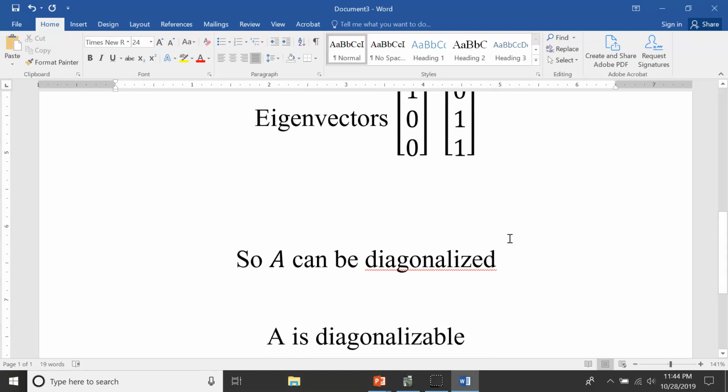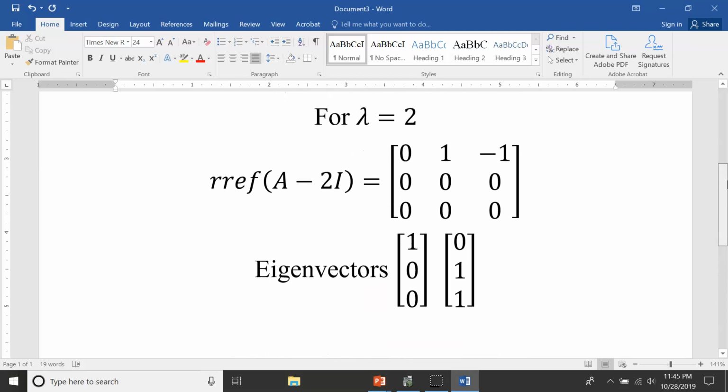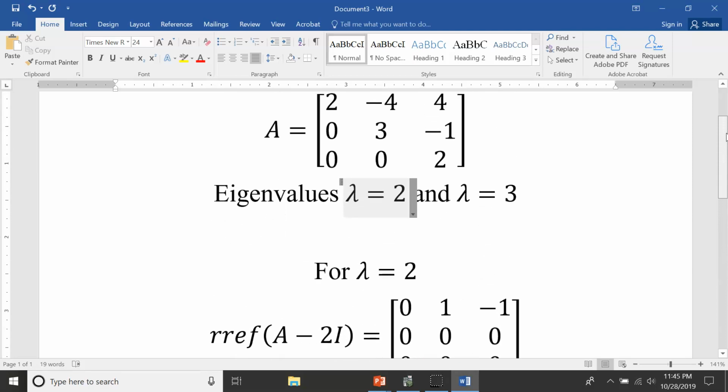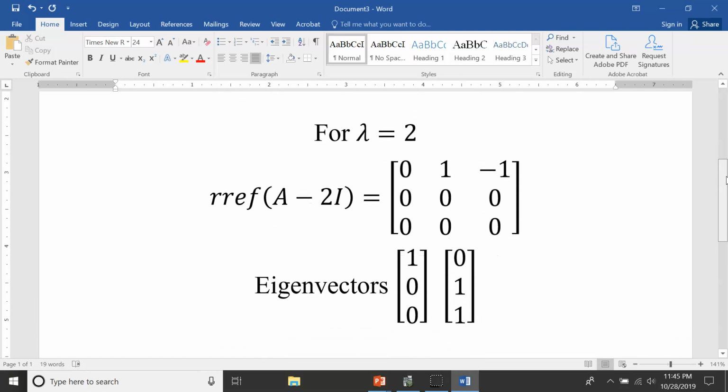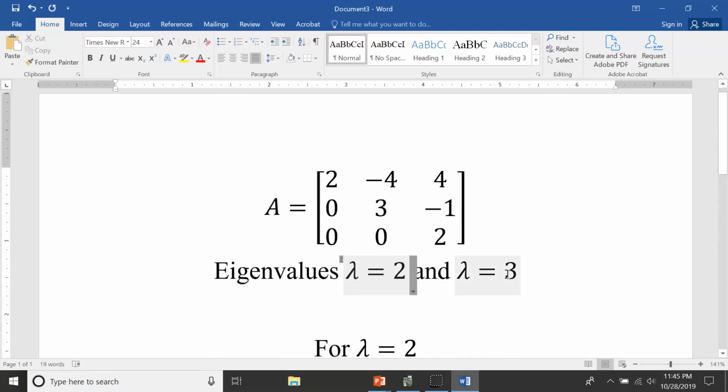So the multiplicities matched up with the vectors in the basis for each eigenspace. So A is diagonalizable. We can find 3 linearly independent vectors, 2 from this eigenspace, and then we'll be able to find 1 from the eigenspace generated by lambda equals 3. All right?